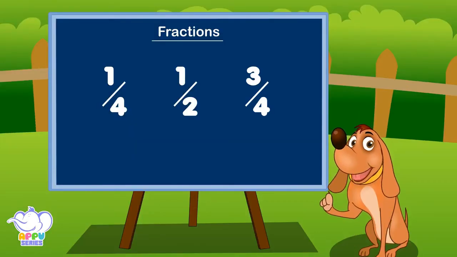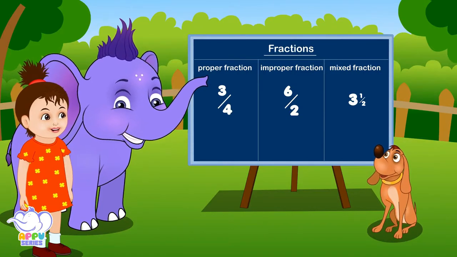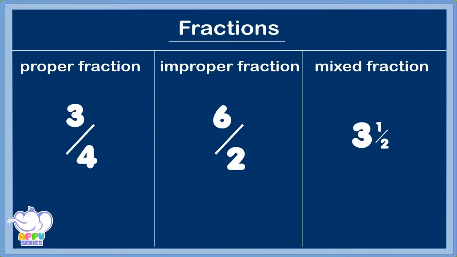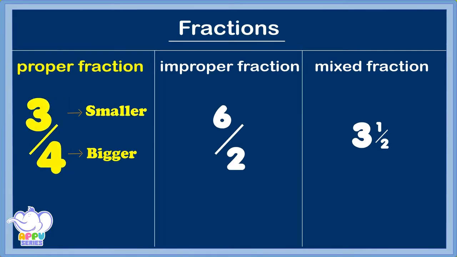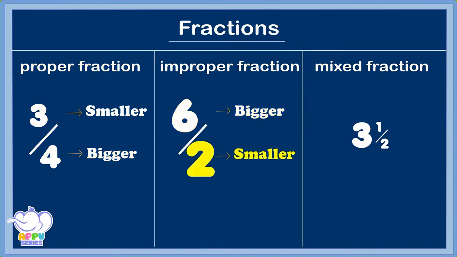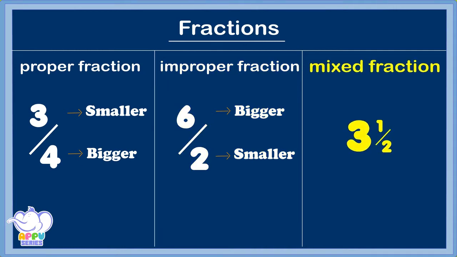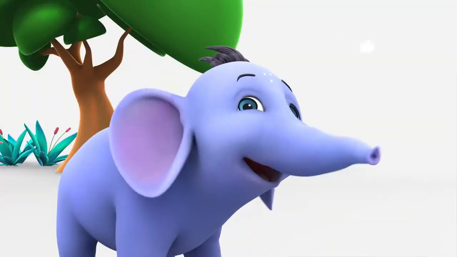Now I get what it means when one number is written over another. There is also another thing that you need to keep in mind about fractions. The number on the numerator is smaller than the one on the denominator in proper fractions, while the numerator is bigger than the denominator in improper fractions. What about the whole numbers that have a fraction next to them? They are called mixed fractions. It's improper fraction. Like and share.